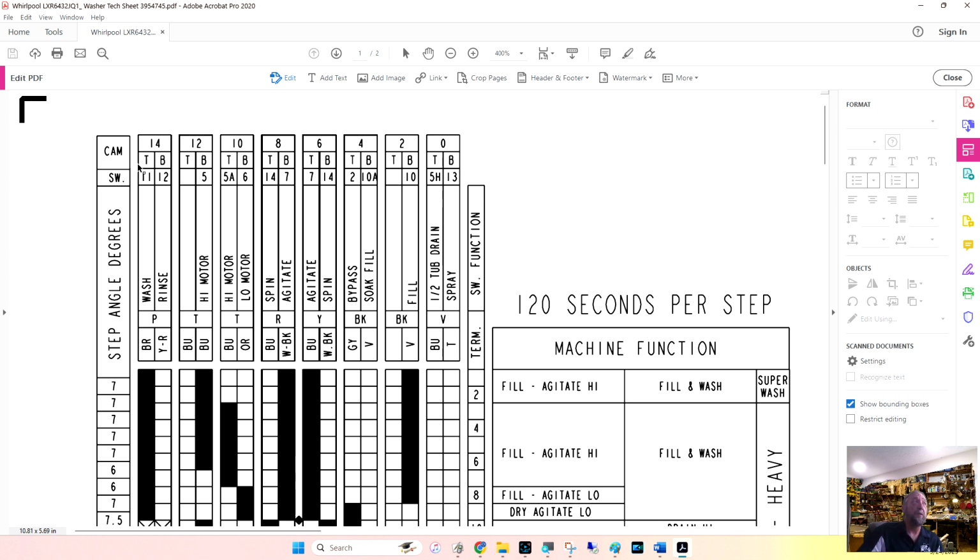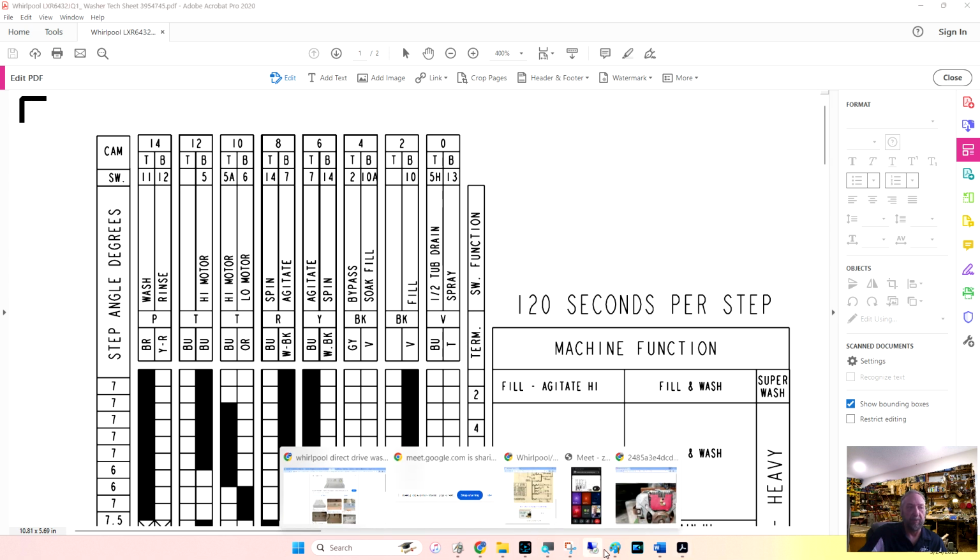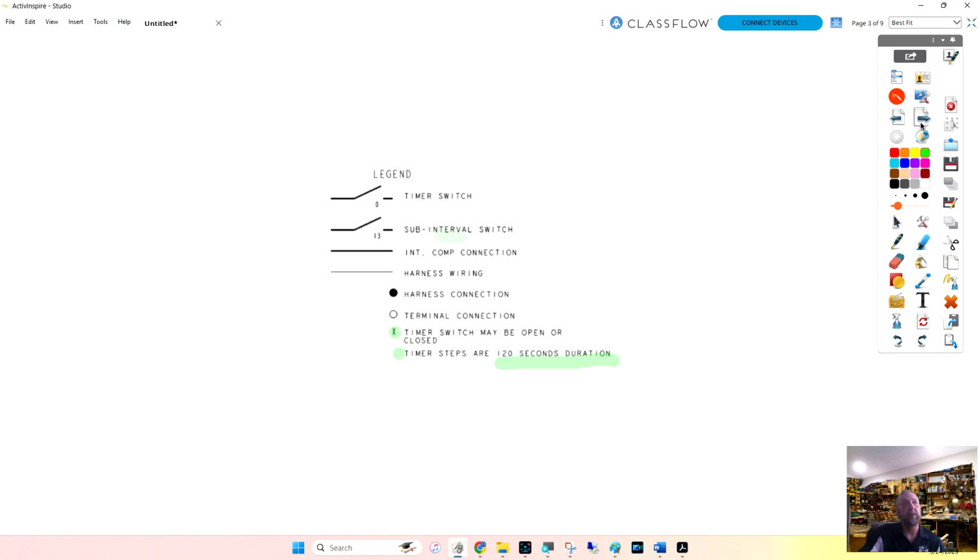Now, another thing is the cams. You see on the very top, we have 0, 2, 4, 6, 8, 10, 12, 14, and we have T and B. Now, let me see if I got my timer image on one of these presentations here.